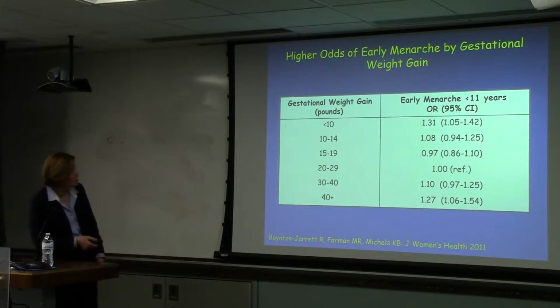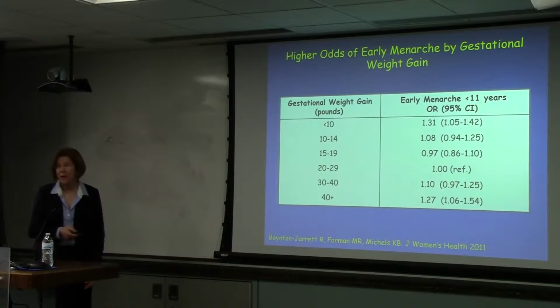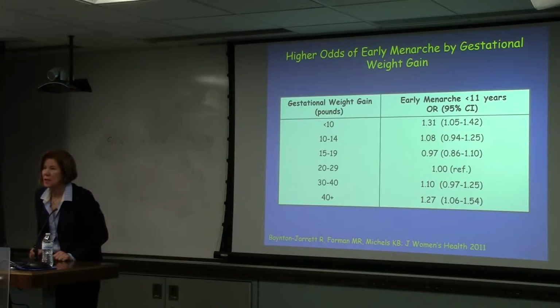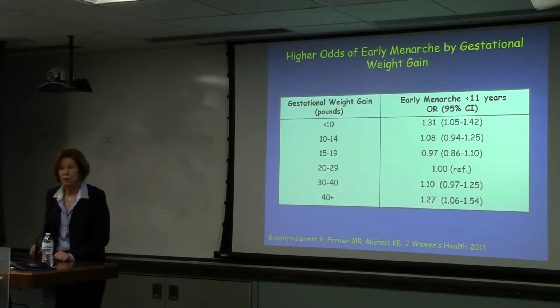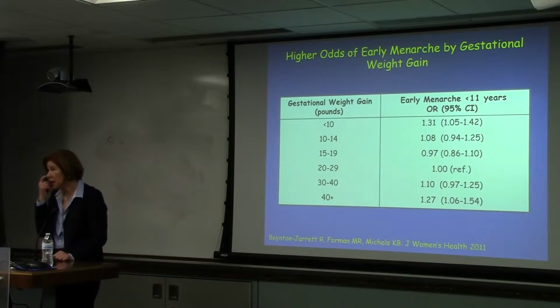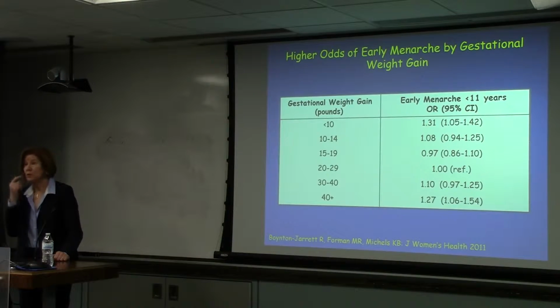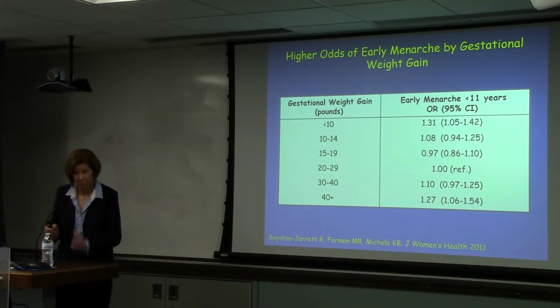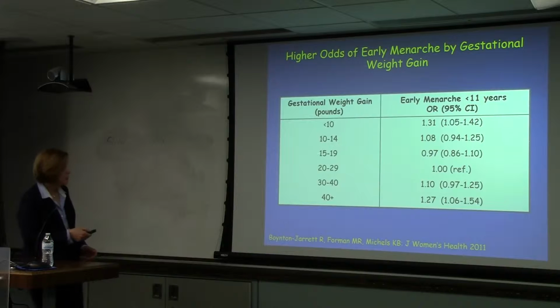Anyway, let's talk about gestational weight gain. Again, in the 40s, 50s, and 60s, Eastman was a lead obstetrician in the United States at the time. He advocated every woman would gain between 20 and 25 pounds, no more, no less, and women would follow that. So our reference in this is the women who gain between 20 and 29 pounds, right here.